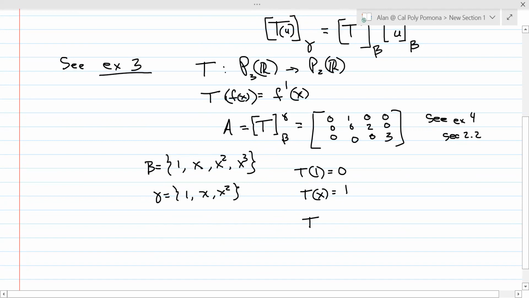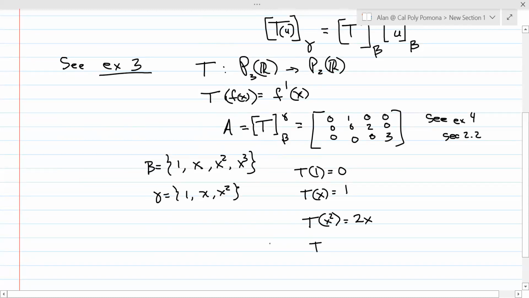And what happens to x squared? When you differentiate it, you get 2x. So in terms of this basis, it would be 0 times 1, 2 times x, and 0 times this. So it should be 0, 2, 0. And that's the next column.